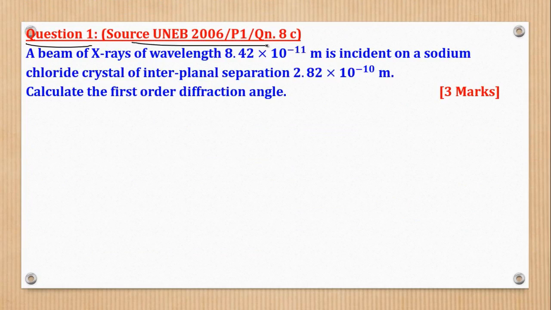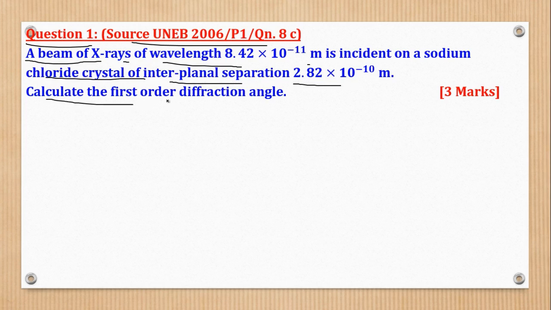Question 1 came from UNEB 2006 paper 1 question 8c, and it says a beam of X-rays of wavelength 8.42 exponent negative 11 meter is incident on a sodium chloride crystal of interplanar separation 2.82 exponent negative 10 meter.